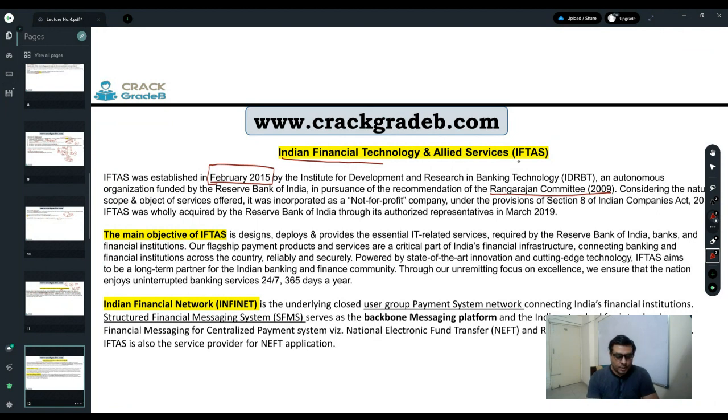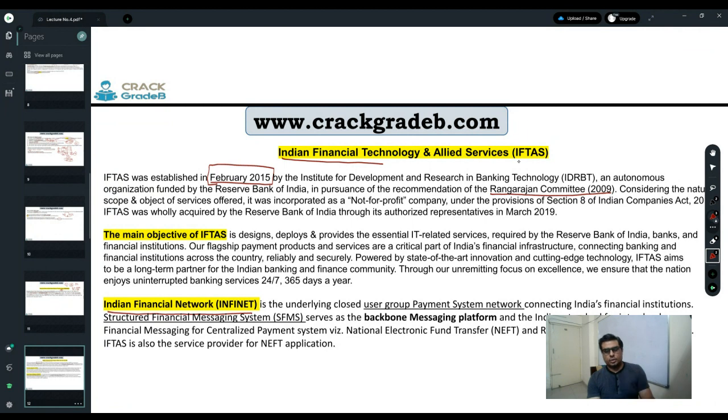One of the important services this organization provides is the Indian Financial Network. You can see that it is an underlying closed user group payment system network connecting India's financial institutions. Under this network, all kinds of payment and banking institutions are connected, and it has a structured financial messaging system.